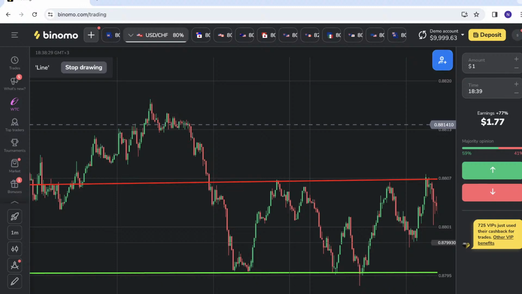Maybe there will not be enough time to draw these lines. But of course you can practice more, and in the future when you have enough experience, it will be very easy to draw these support and resistance lines.